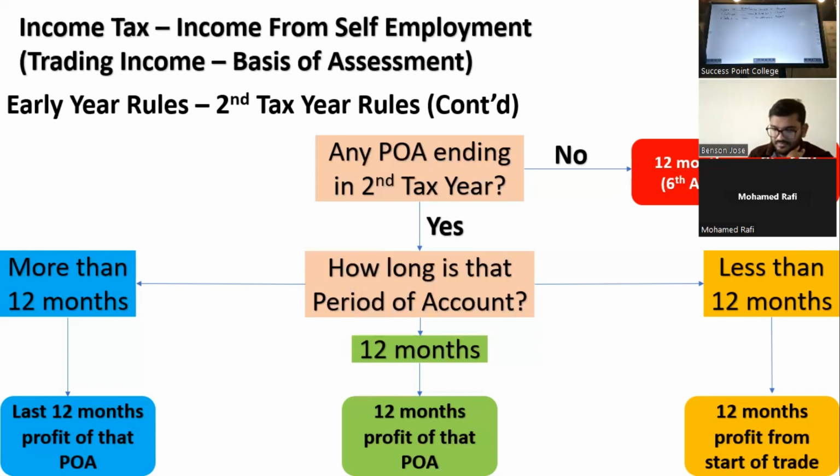So first of all, we will apply the first year rule. The first year rule says that from start of trade to coming March. So start of trade means January 19. But before that, I will write my tax year. So my first tax year will be decided from the starting date. January 19 falls in 1819 tax year.